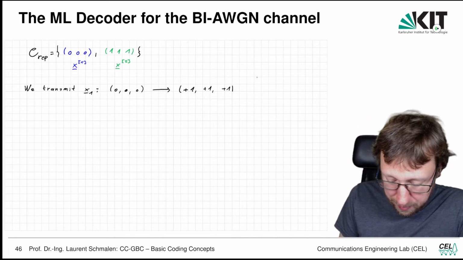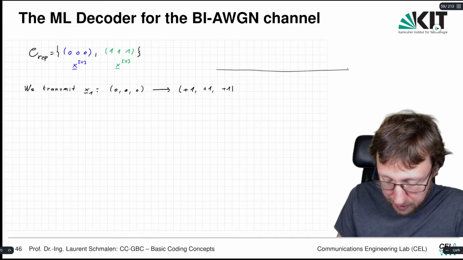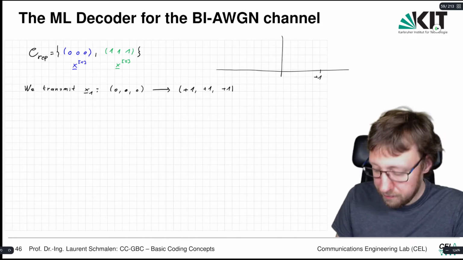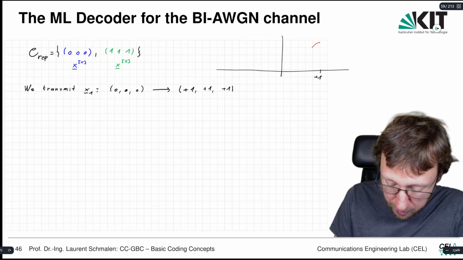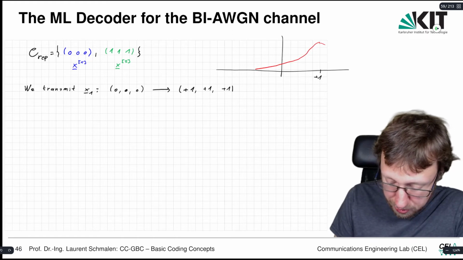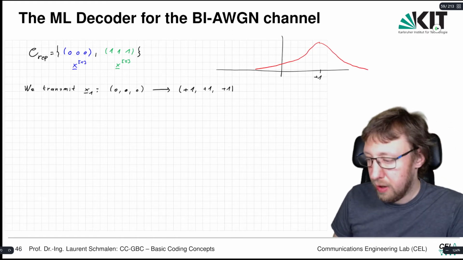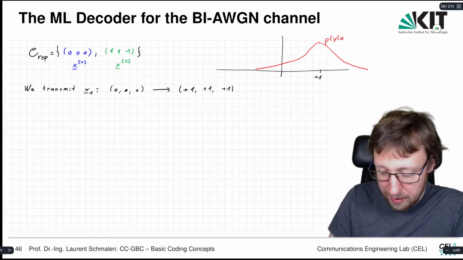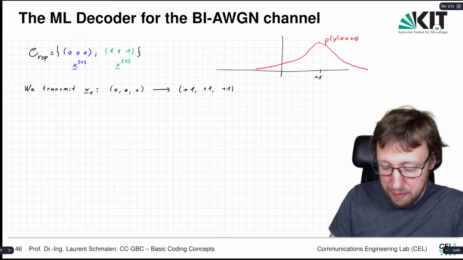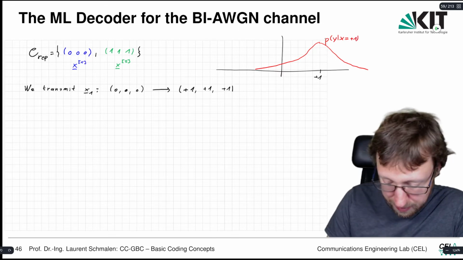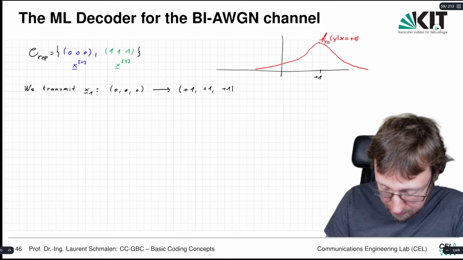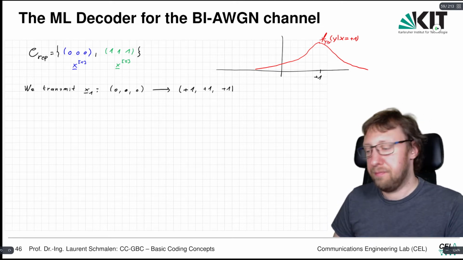So then we have the following situation in the channel. We transmit a +1, and we have additive white Gaussian noise. So this is P of y given x equals +1. Actually, we denote it by f of y given x.